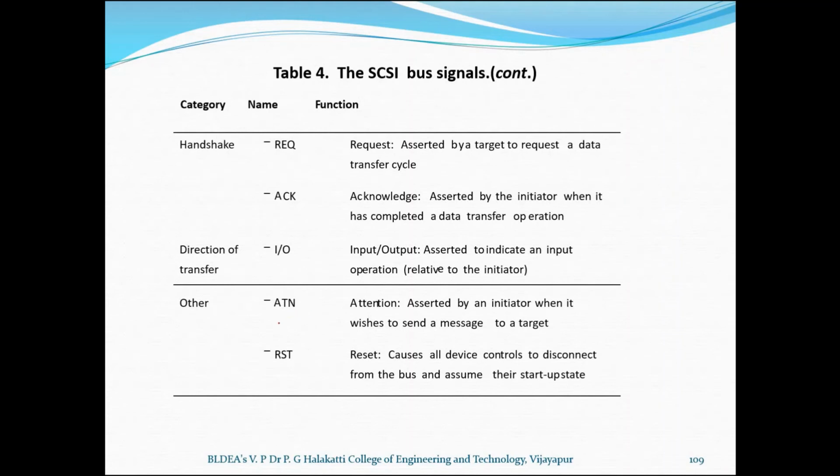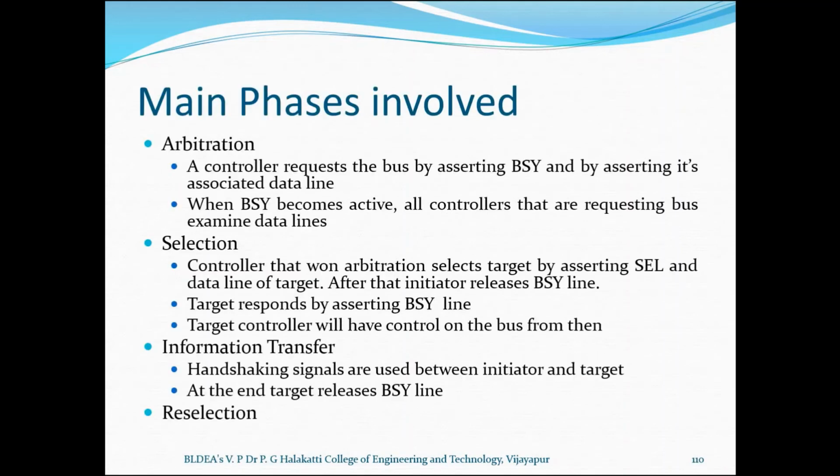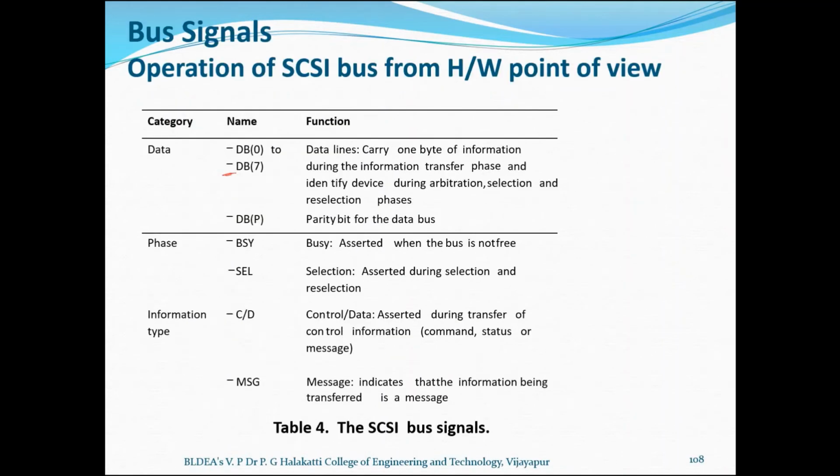Other signals like minus ATN, attention, is asserted by the initiator when it wishes to send a message to the target. Similarly, reset causes all devices to disconnect from the bus and assume their startup state. We have some more here which I had missed.